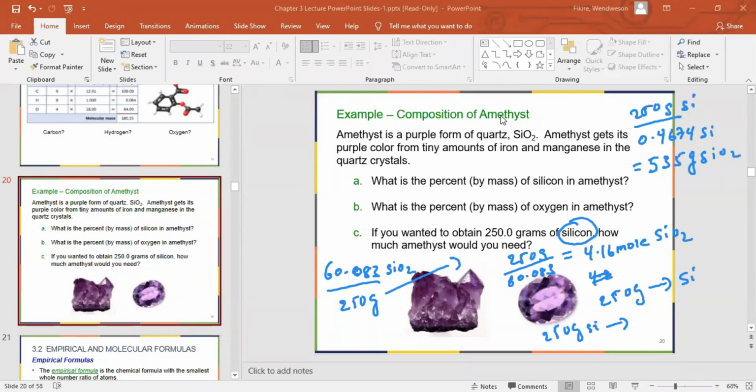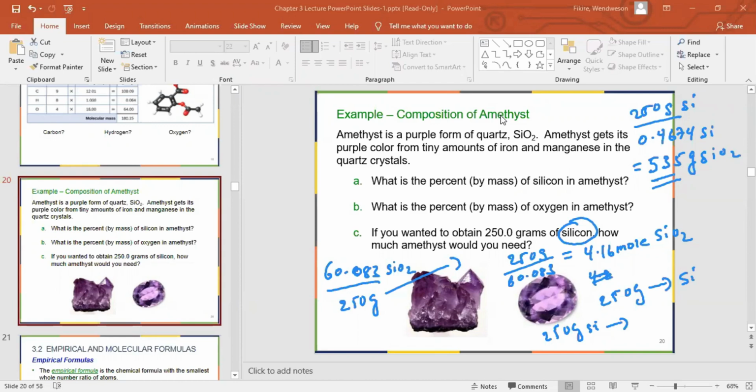Right, exactly. Because the question is asking if we want to obtain 250 grams of silicon, how much amethyst will we need? So what I did was I took our percentage of silicon, which is 46.74, and divided 250 by that percentage, which gives me the total amount of grams of amethyst I would need to have 46.74% silicon and make that 250 grams.